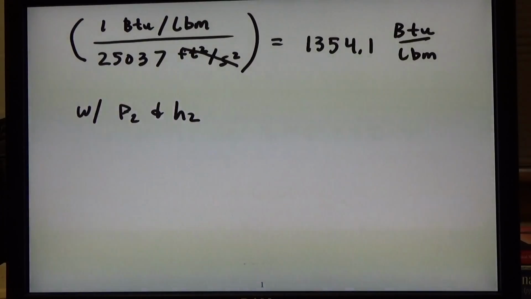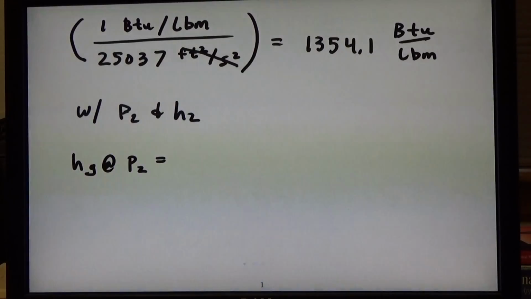Just a quick check of the phase, we would want to figure out Hg at P2 and also Hf at P2 to check the phase. So let's look at that. So P2 is 200 psi.